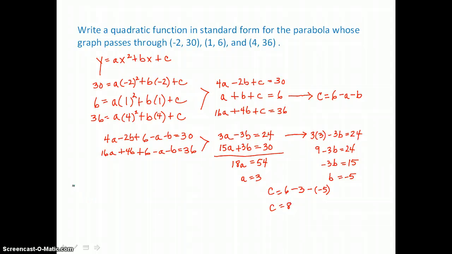So now I can write my equation in standard form because I know what a, b, and c are. So I have y equals a, which is 3, times x squared, plus b, which is negative 5, times x, plus c, which is 8.